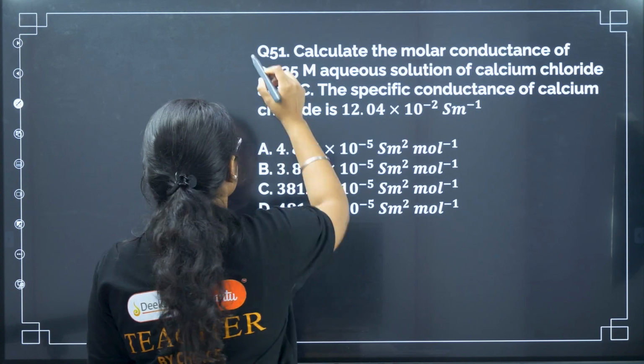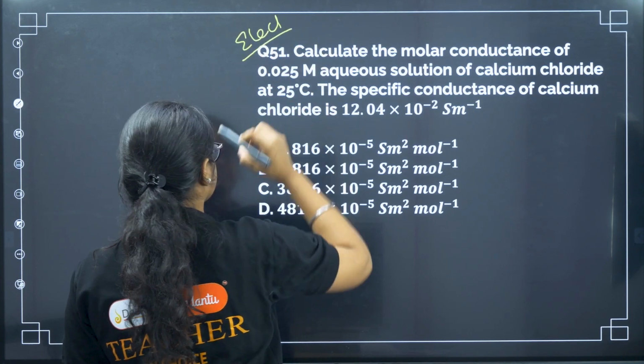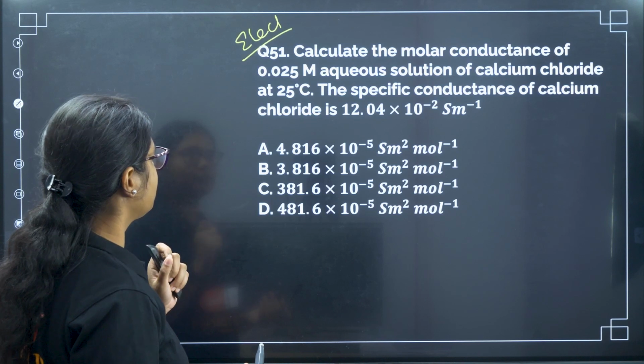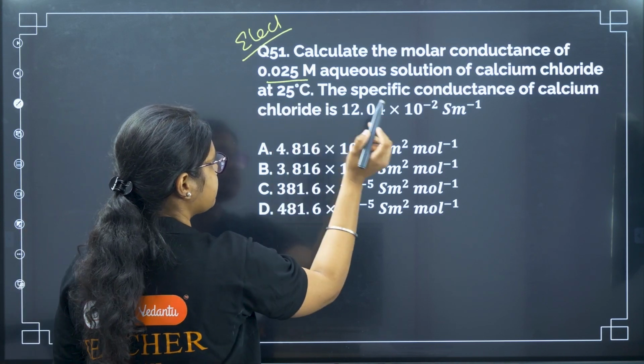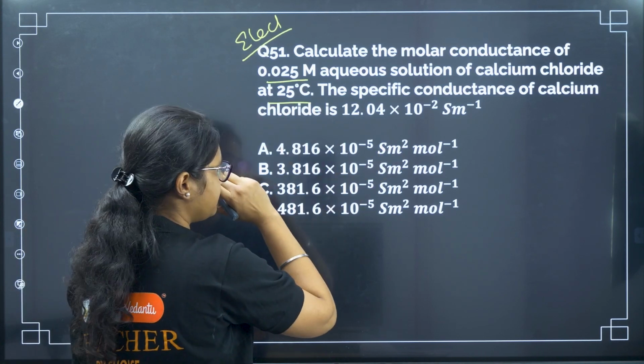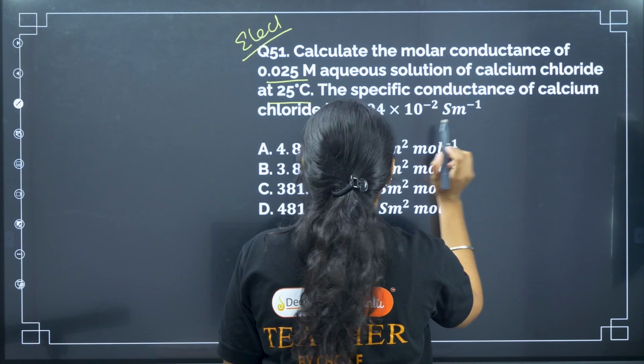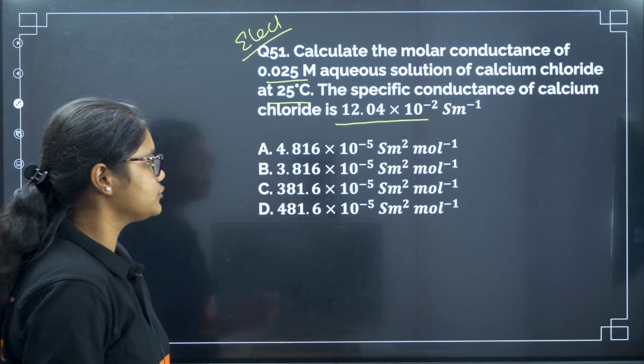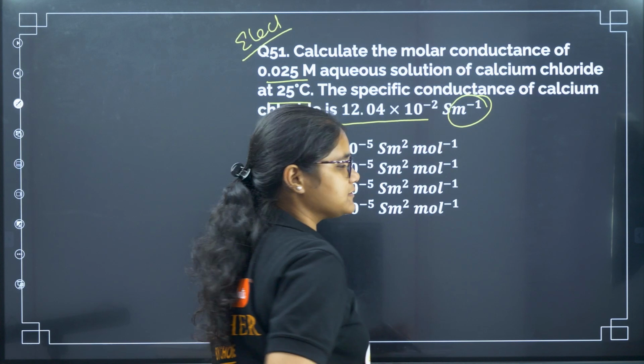Okay, next question is from your electrochemistry. Calculate the molar conductance of 0.025 M aqueous solution of calcium chloride at 25 degrees Celsius. The specific conductance of calcium chloride is 12.04 into 10 to the power of minus 2 S meter inverse. The unit of the kappa value is very, very important.